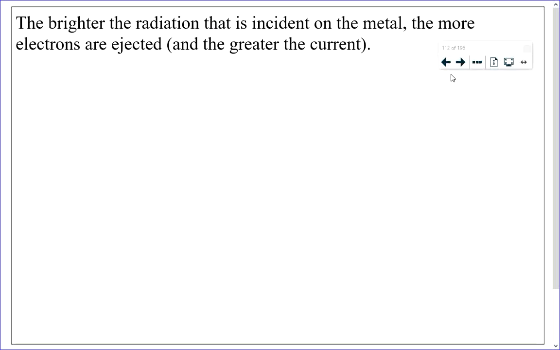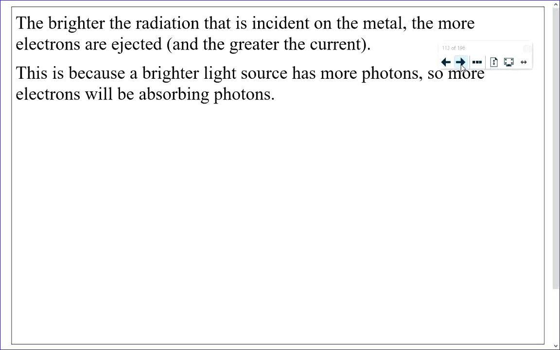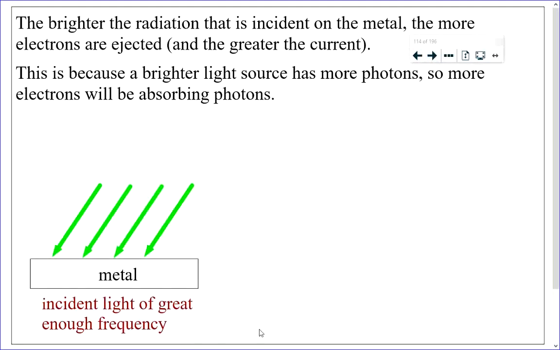So brighter light means more light. A brighter light source has more photons, and that means that more electrons will be absorbing more photons in the photoelectric effect. So if I have a metal and I'm shining green light on the metal, and that green light has a great enough frequency, then electrons will be ejected from the metal.